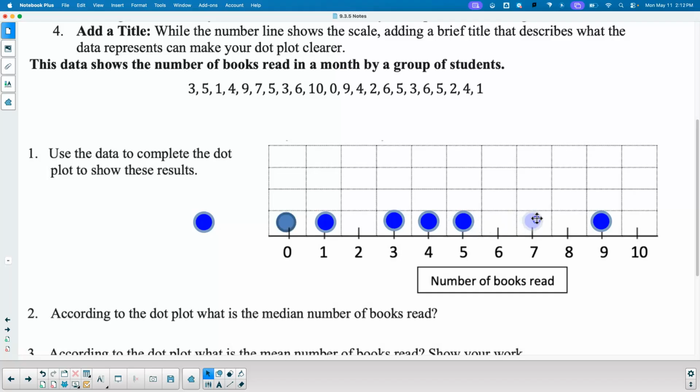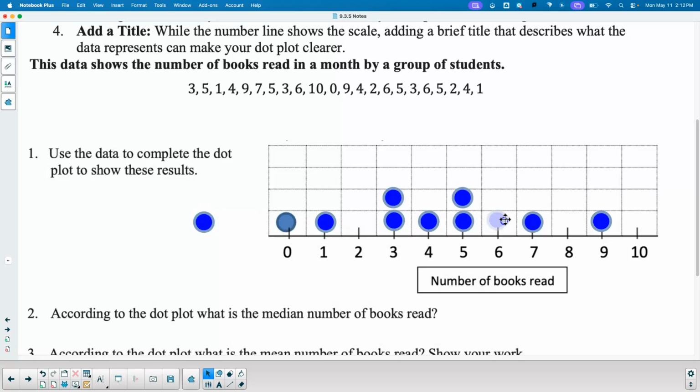But now on this next one, I got another 5, and so I'm going to start a second vertical row. Okay, so I'm going to go above it so that it is clearly seen. Not right on top of it, not just making that dot a little bit bigger. We're going to put a second dot there. Same here with the second 3.